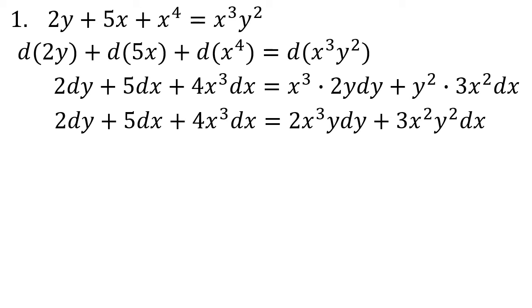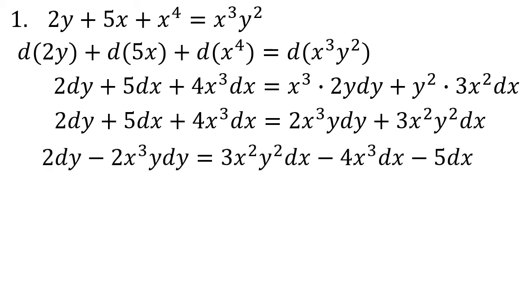Okay, and then our favorite part, writing the like terms together. The terms with dy on the left side of the equation, the terms with dx on the right side of the equation. And then factor out dy and dx.